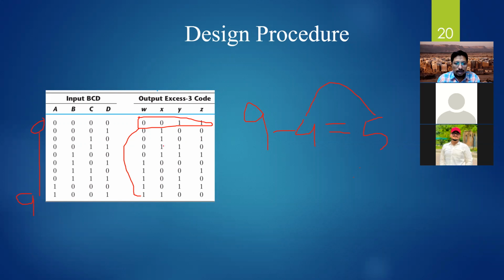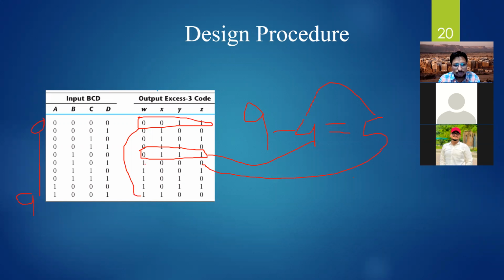Look, this is 4, for example: 0, 1, 2, 3, 4. This is the value of 4. What was the result? This one, 5. Now, if you see 5, it's totally the complement of 4.